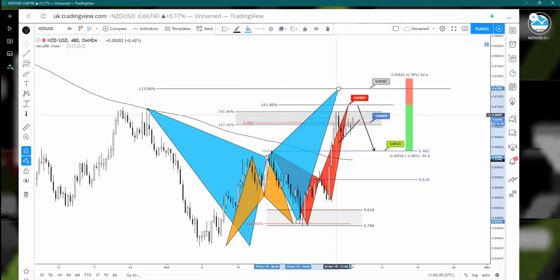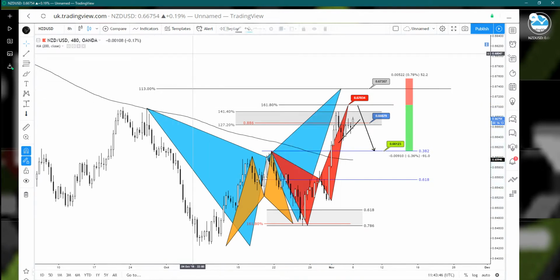So the market will fail the bat and will extend above. Eventually, if the market fails to respect this crab pattern at 1608 extension, just a few points above the previous structural resistance, I will admit the possibility for the market to extend it to the 113 extension to print the alternate bat pattern. Okay, and I need to respect that level.